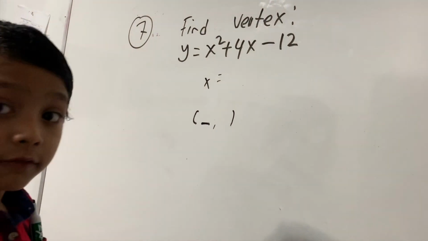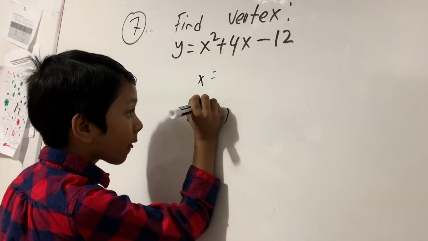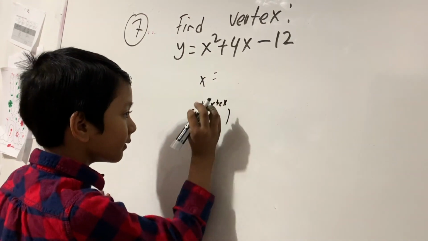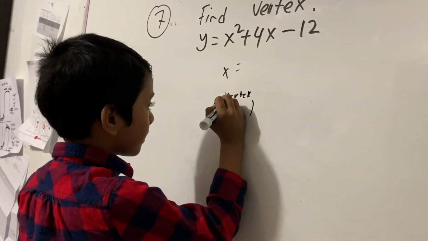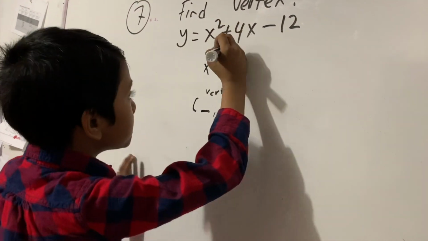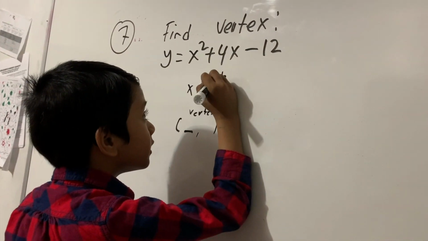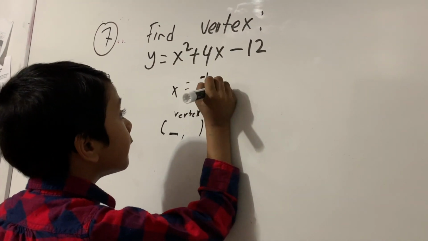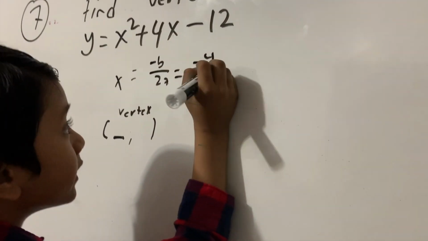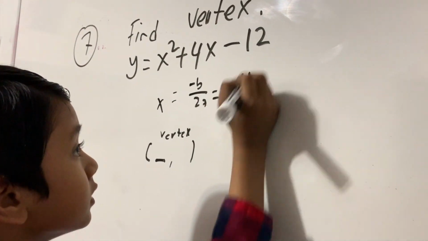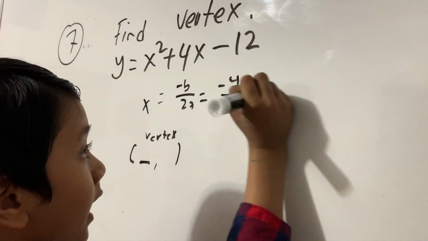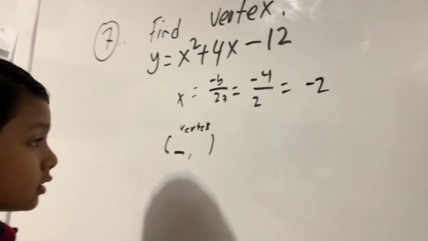The x part of the vertex is minus b divided by 2a. So minus 4 divided by 2. Since a here is 1, so minus 2.